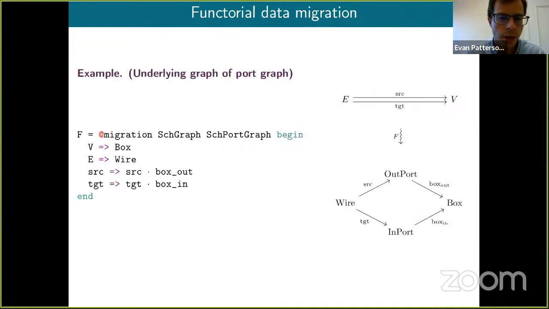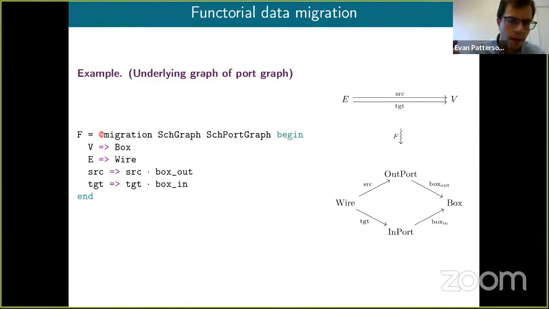To give an example of what you could express already with this, the schema on the bottom right here is the schema for directed port graphs. Now we're calling the edges wires and the vertices boxes, and we're saying that every box has a set of input and output ports, and wires go from output ports to input ports.